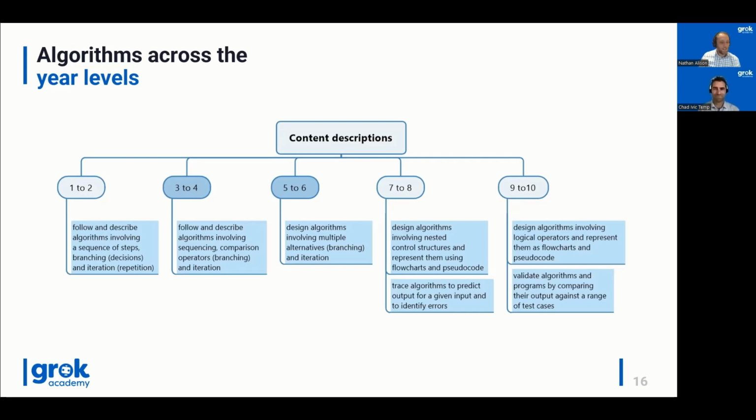At years 1 and 2, you've got being able to follow and describe algorithms involving a sequence of steps. At years 3 and 4, you can see some of the terms get a little bit more complex. At years 5 and 6, we move to being able to design our own algorithms. And then in 7 and 8 and 9 and 10, again, the terminology and the requirements get a little bit more complex. You may want to visit the 7 to 10 algorithms video to see what's done in those years.